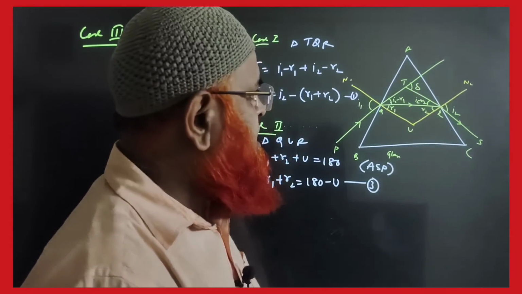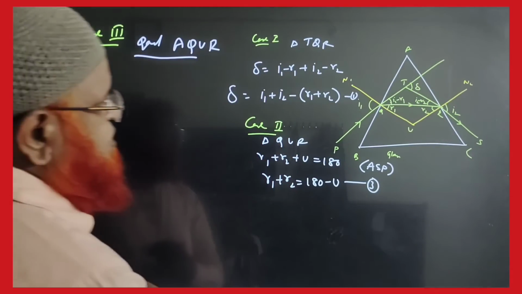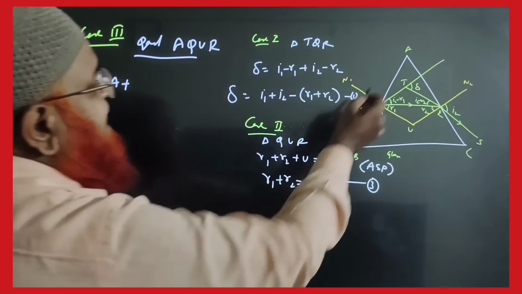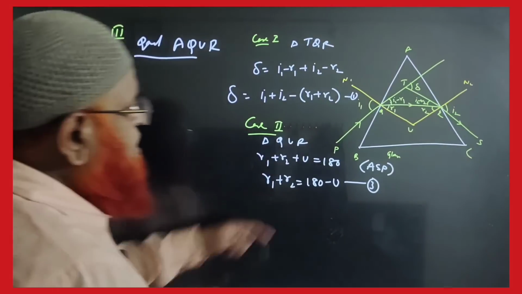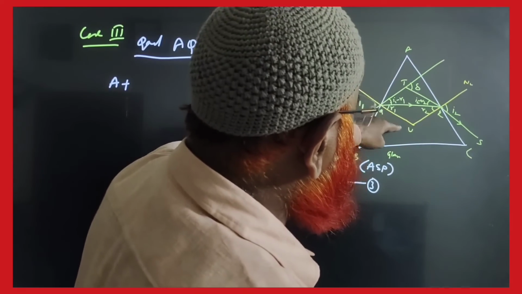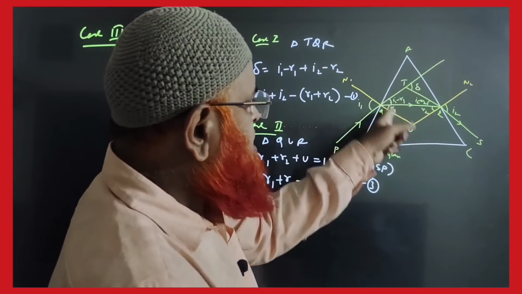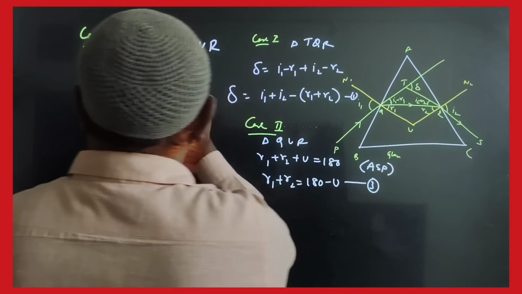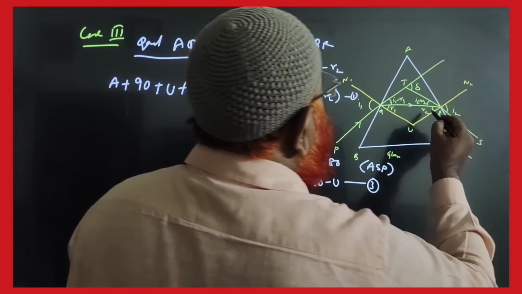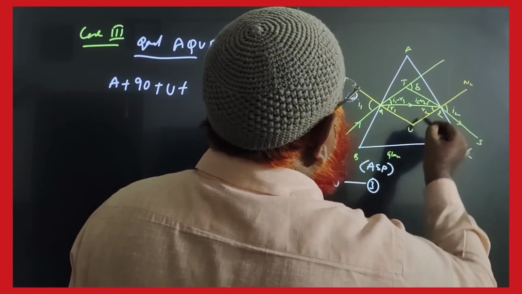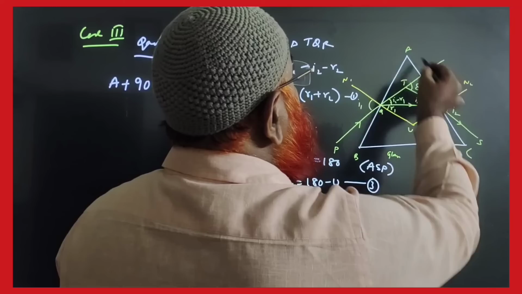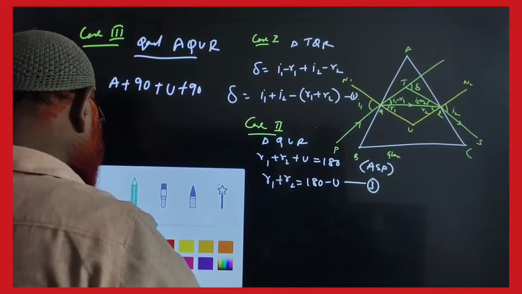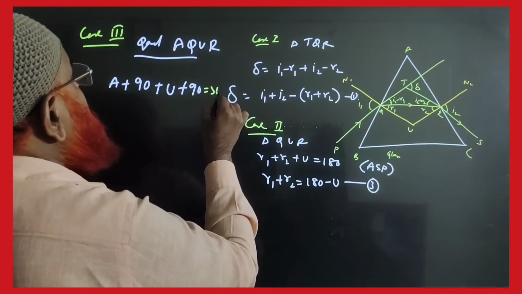Understand? See, angle A plus angle AQU. What is this AQU? Is it not 90 degrees? It is the normal. So AQU means 90 degrees, plus angle U, plus again ARU. This is normal, that is also 90 degrees. So plus 90 is equal to 360 degrees.